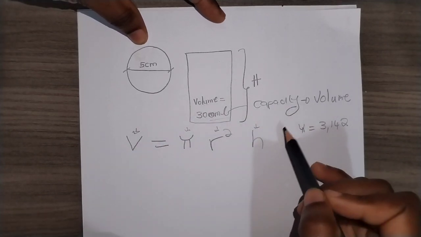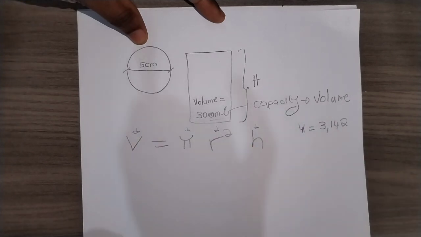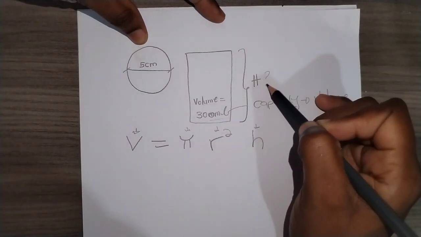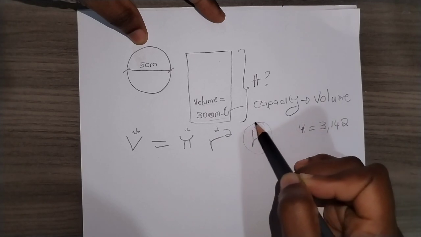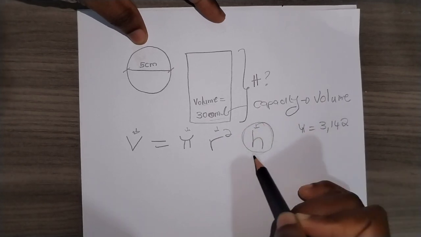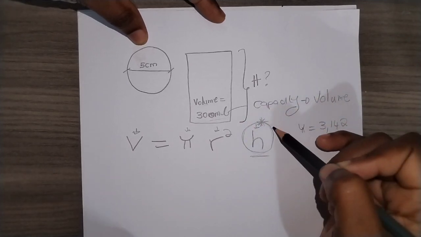I'm also going to first check what they are asking me to calculate, which will be my unknown, the one I don't have. The question says calculate height. So I'm going to go to my formula after writing it and say this one is the unknown. I like to circle it, underline it, or put a star. That way I mustn't substitute anything here.